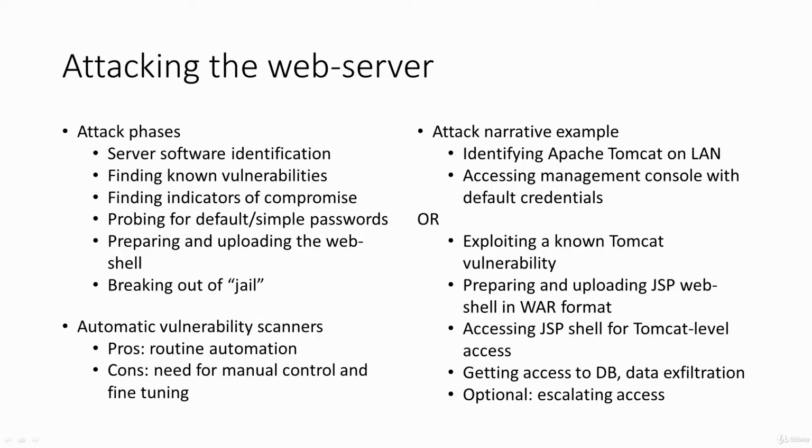If we are really unlucky and someone has previously compromised that web server, we might find indicators of compromise, which could be changes in configuration made in order to implement persistence in the system, or trivial web shell files placed into web server directories, which the attacker has not cleaned up after themselves.